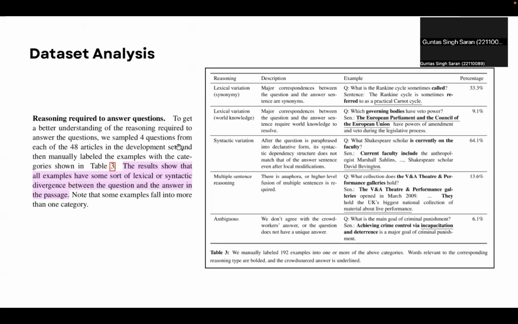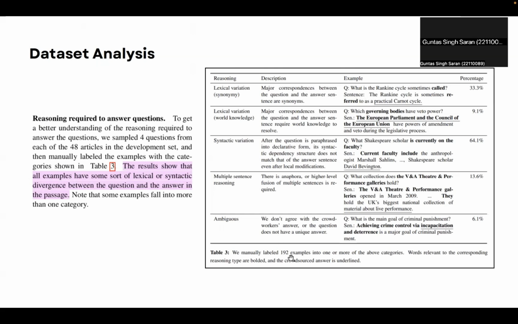In order to answer how difficult the question answering was, they gave a few parameters like lexical variation and syntactic variation, and they manually labeled a few of these question answers.